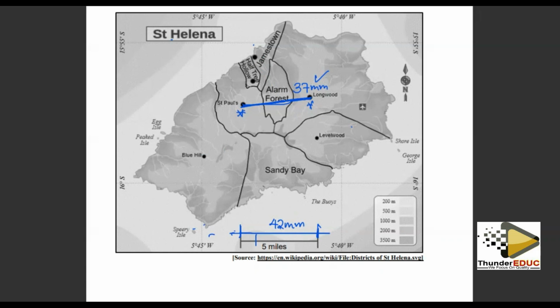So this will mean I have 42 millimeters equivalent to 5 miles. But the distance I measured, they want me to find out, is the distance between St. Paul and Longwood. So if 42 millimeters are equivalent to 5 miles, what about if I have 37 millimeters? What will they be? I'm asking myself.